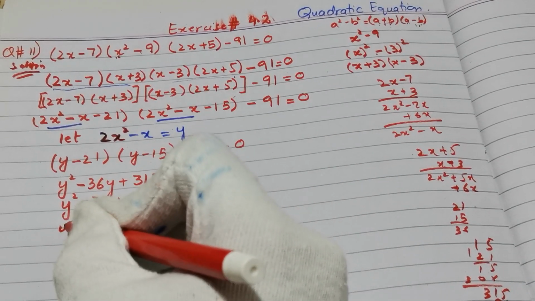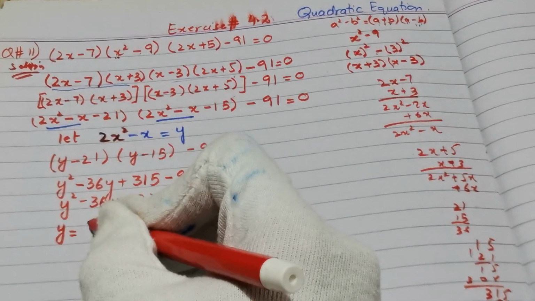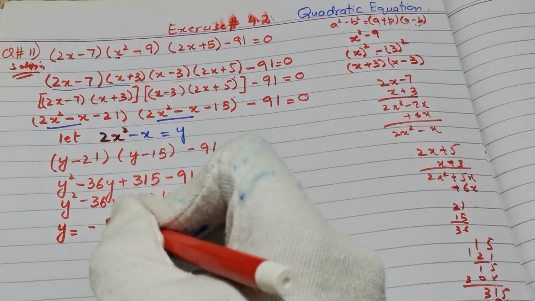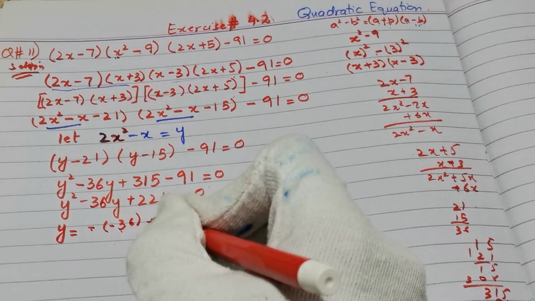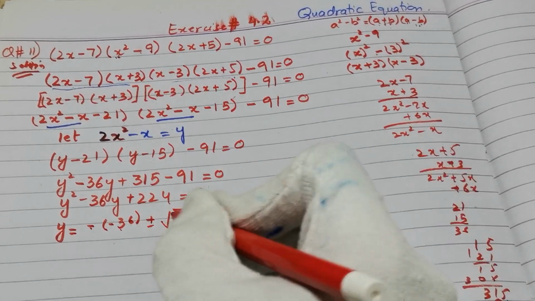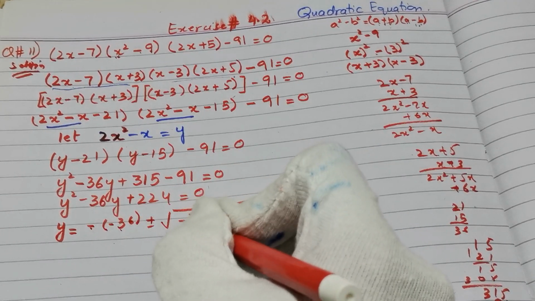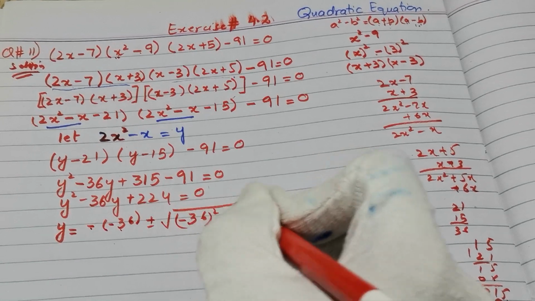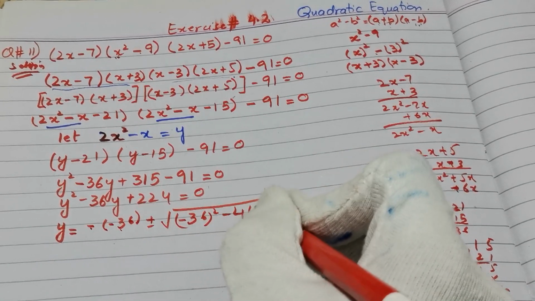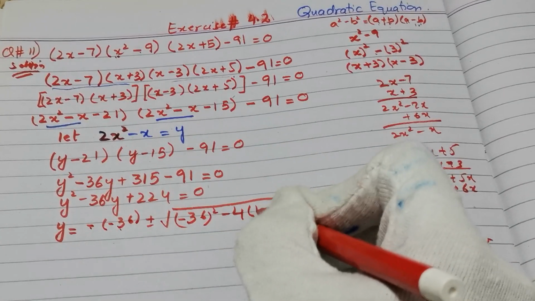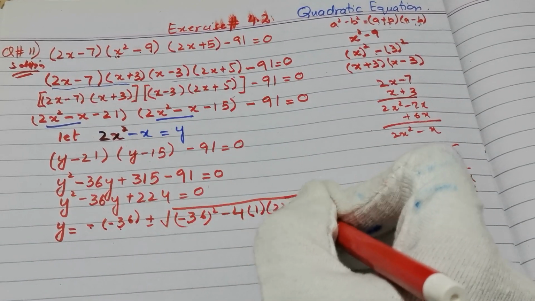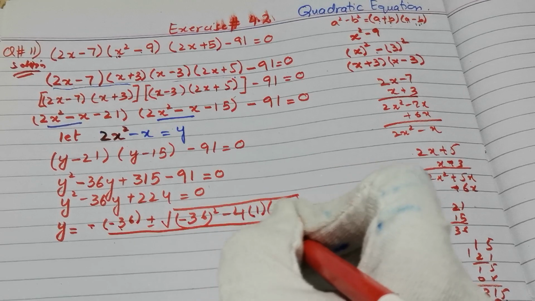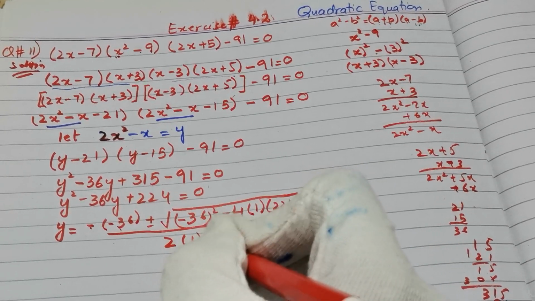Now we'll directly apply the quadratic formula. y is equal to minus b, b is minus 36, minus b plus minus under root b square, b is minus 36 square, minus 4ac, a is 1, c is 224, whole divided by 2a, a is 1.